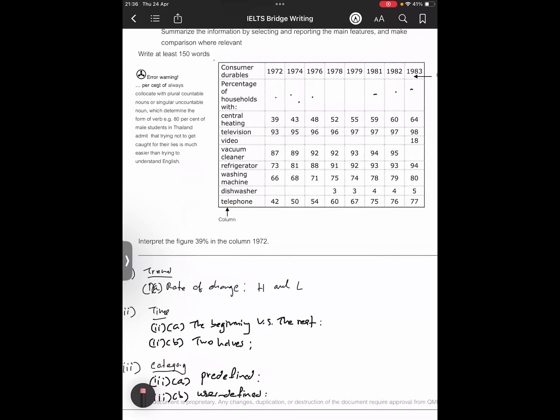Now, one way to do it is to group them together based on how they're used, like central heating, vacuum cleaner, refrigerator, washing machine, and dishwasher.